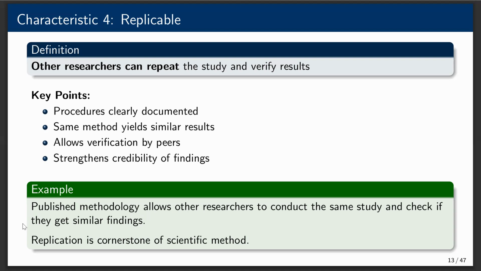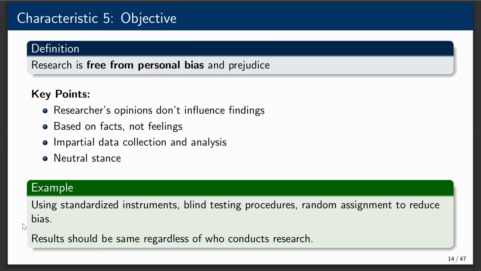Why is this so important? Replication is a cornerstone of the scientific method. If you have done research and got a good result, and I want to verify it and am not getting it, then what is the whole point of doing the research? That is why very good researchers always help to reproduce their tables or results.